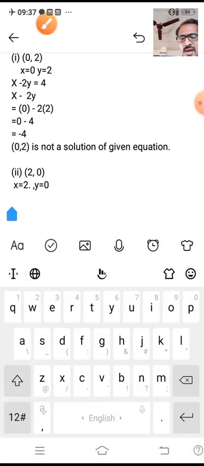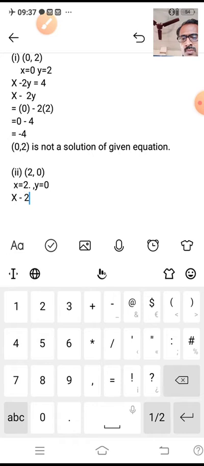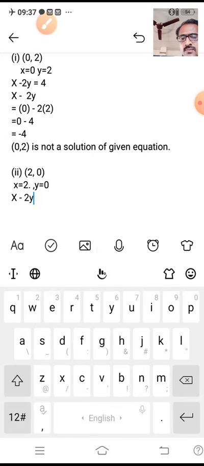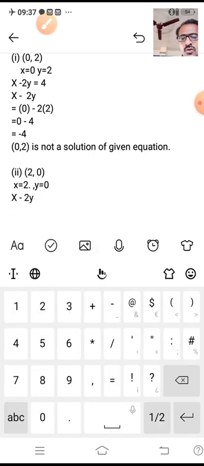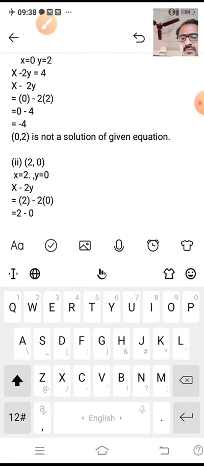So write x minus 2y. So substitute value of x and y. Value of x is 2 minus 2 into value of y is 0. Then we'll get 2 minus 2 zeros are 0.